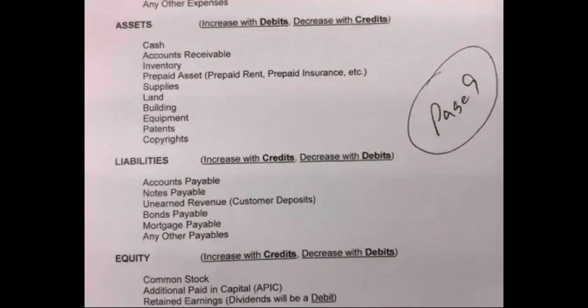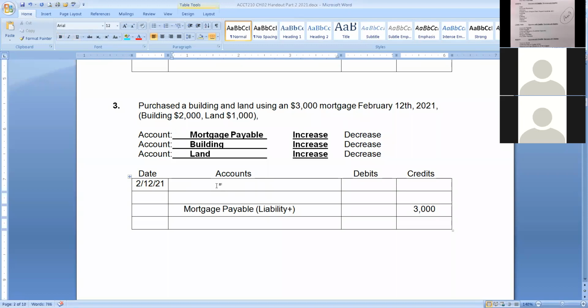Okay, so land and building are both increasing. We're going to put debits. Mortgage payable is increasing also. It's going up with a credit. It's a liability.